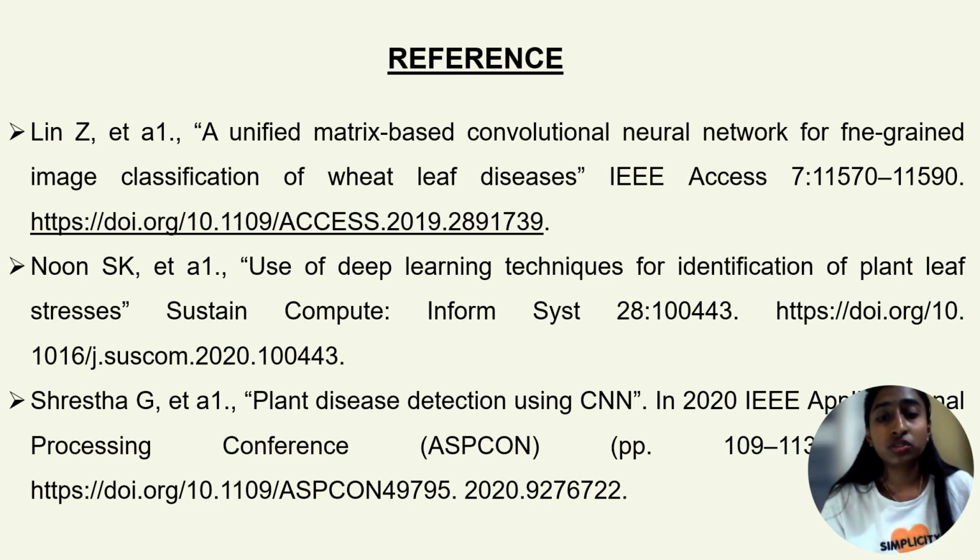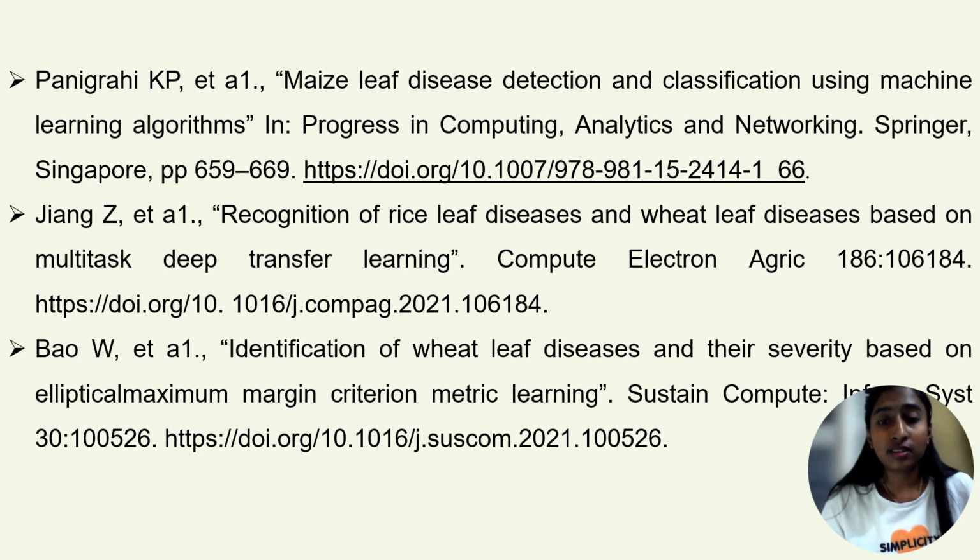Next is Shrestha G, plant disease detection using CNN. Next is Panigrahi, maize leaf disease detection and classification using machine learning algorithms. Next is Jiang Z, recognition of rice leaf diseases and wheat leaf diseases based on multitask deep learning techniques. Next is W, identification of wheat leaf diseases and their severity based on elliptical maximum margin criterion metric learning.